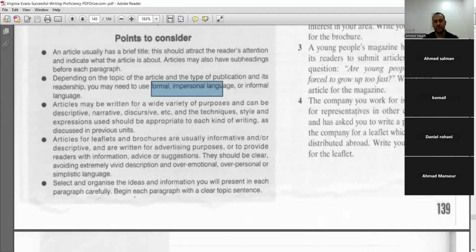So articles may be written for a wider variety of purposes and can be descriptive, narrative, or discursive. So we might write for different purposes. You might describe something, you might just tell what happened, narrate it. You might argue for and against, some people for this topic and some people against.